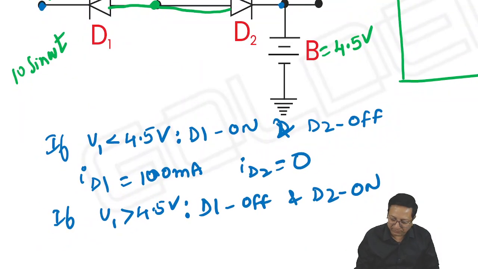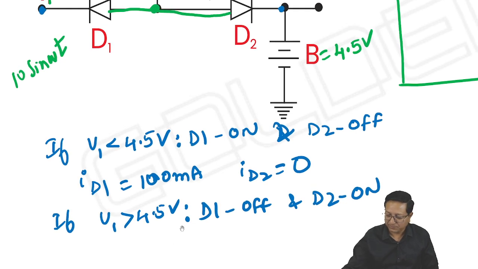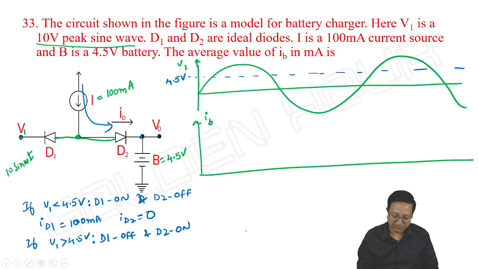So we can take ID1 is equal to 0 and ID2 is equal to 100 milliampere.